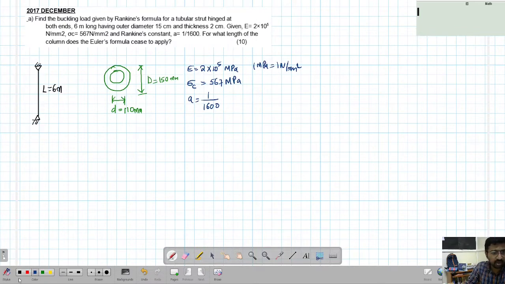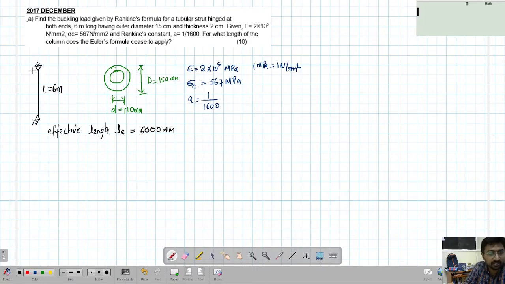Now, in any column problem, the moment you get the length of the column and boundary condition, you have to find the effective length. So the effective length of the column, LE, for hinged boundary condition is the same as the length. That is 6 meter, that is 6000 mm.